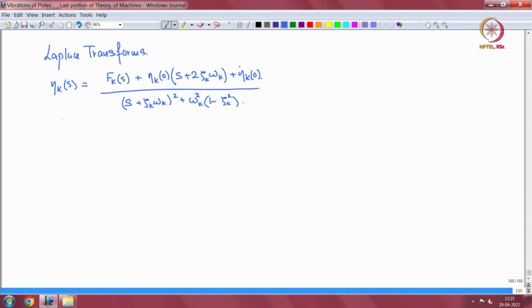We are going to look at underdamped systems, and so we will say that zeta k is much smaller than 1.